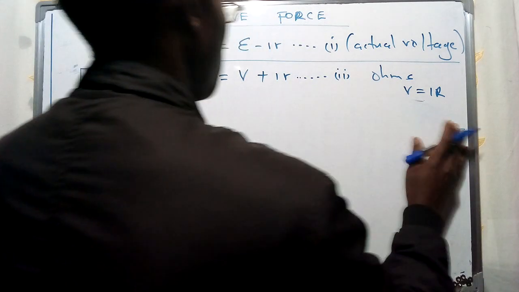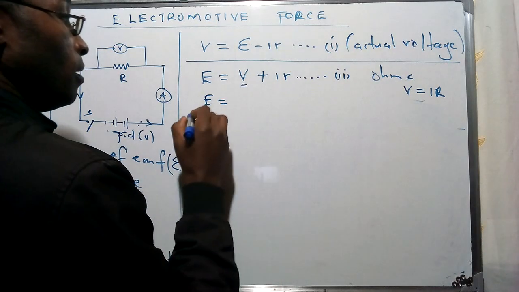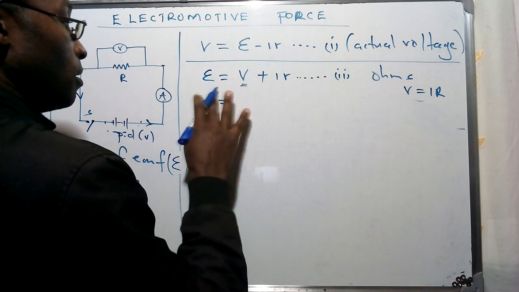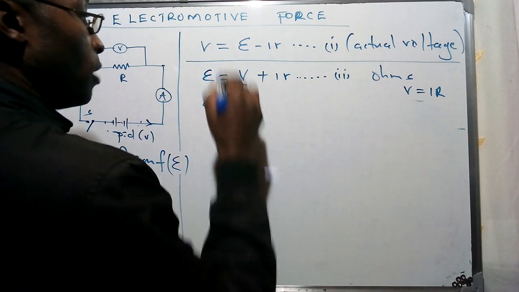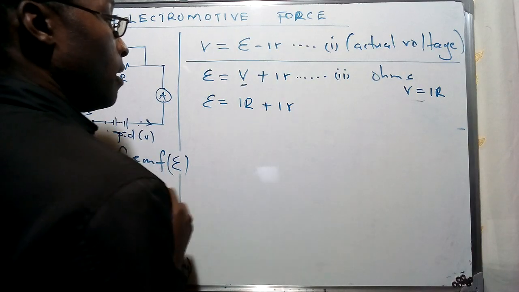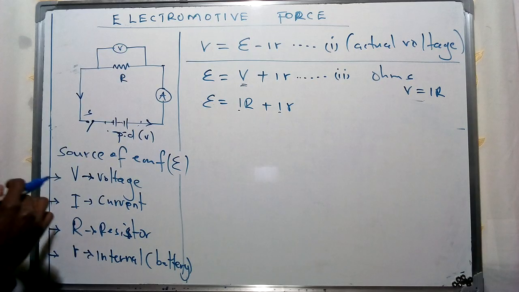So I'm going to use this relationship for doing a substitution, so that we have this one given in terms of IR plus Ir. The current we're talking about is the current which flows in this circuit, and it is the same amount.